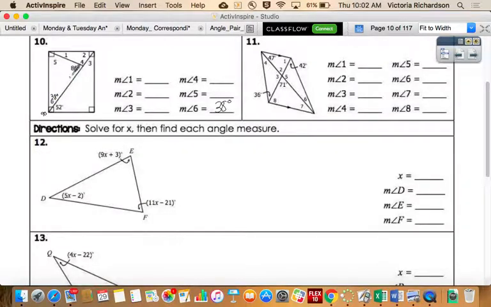If this is 38 and this is 86, I can subtract from 180 to give me angle 5, and angle 5 is going to be 56 degrees. Now I can subtract 56 from 90, because this is a right angle, to give me angle 1, which is 34 degrees.